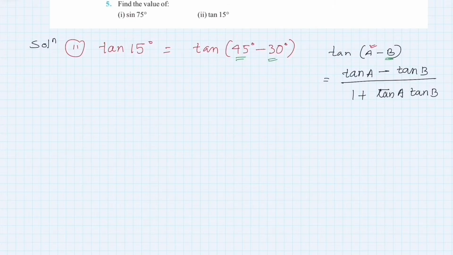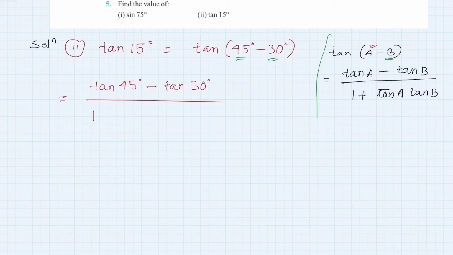Doing so we will get (tan 45 minus tan 30) by (1 plus tan 45 into tan 30).